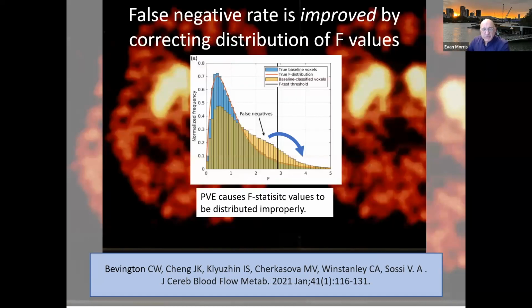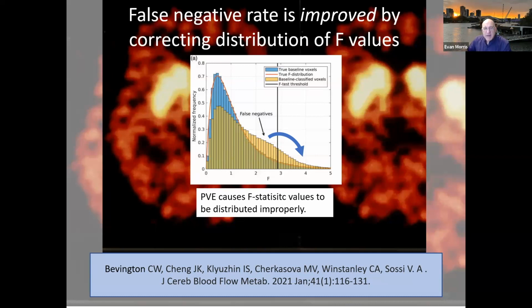And what they observed was that the F values that are calculated when you ask the question, can I explain my time activity curve with MRTM, the simple model, or do I have to move to the more complicated, larger model with the dopamine curve? Those F values were not distributed properly as an F distribution.